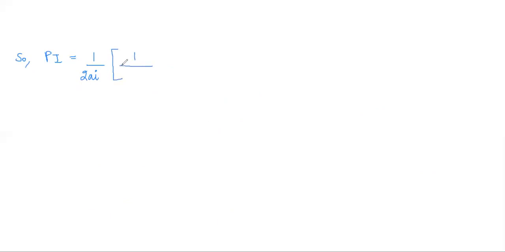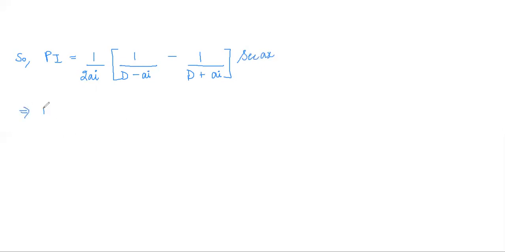So the particular integral is equal to, if I find the partial fractions, 1 upon 2a iota times 1 upon D minus a iota minus 1 upon D plus a iota. These are the partial fractions, and we have to operate this on secant ax.